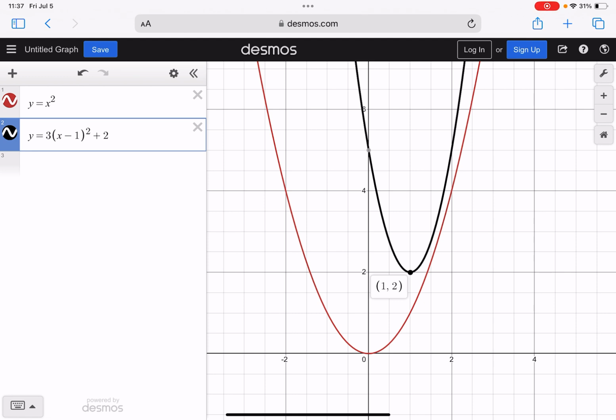Something that is similar between both graphs, which is another question you might be asked, is what is the direction of opening? Both of these graphs hit a minimum value, and then they're essentially continuously going up forever. So that's important to understand. They are opening upwards, they have a minimum.